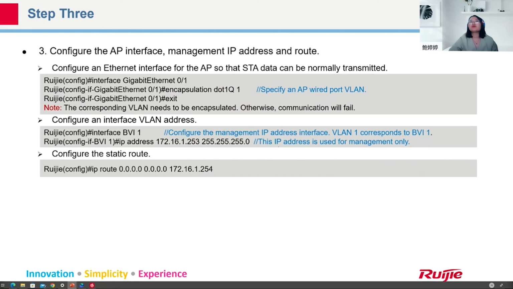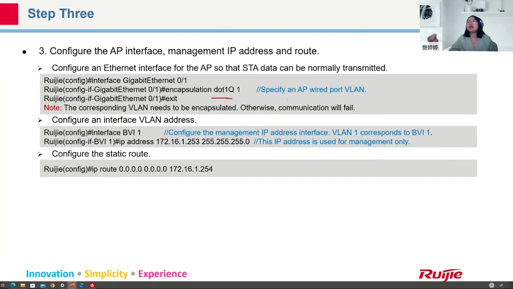The third step, you have to configure the IP interface, and you have to manage the IP address and the route. This configuration is used to communicate with the wired network. First you give the physical interface and encapsulate with .1Q 1, and this VLAN is used for the AP, not for the station.